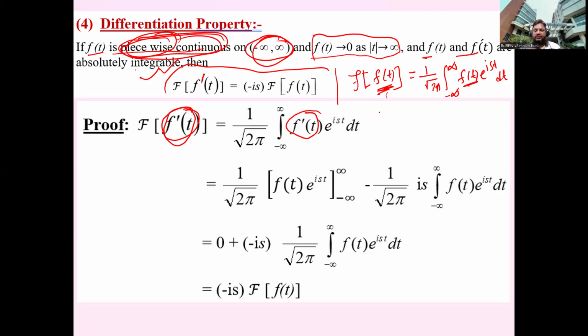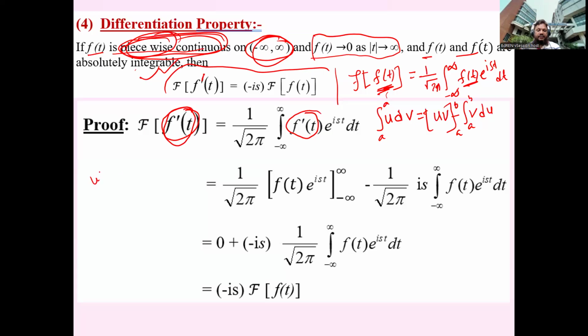Okay, and we have a formula which is known as integration by parts. You can remember the integral of u dv can be written as uv minus the integral of v du. If the limits are a to b, it will be a to b, and this limit will be a to b. In this case, it is negative infinity to positive infinity. Now, which one do we consider as u here?